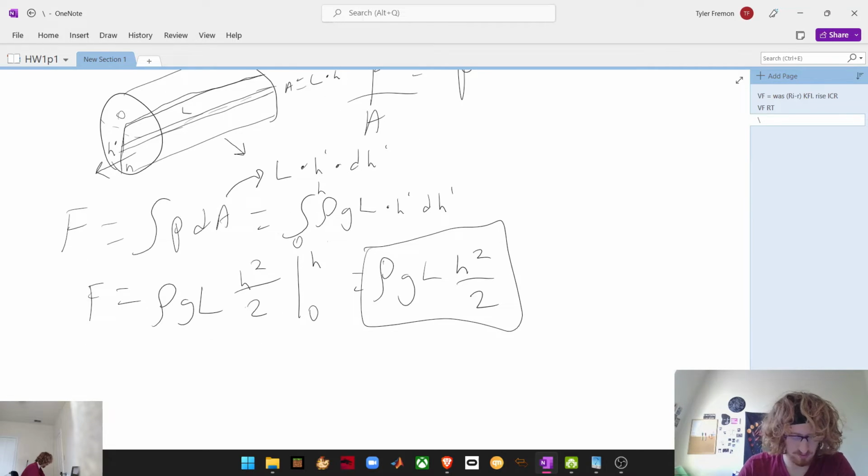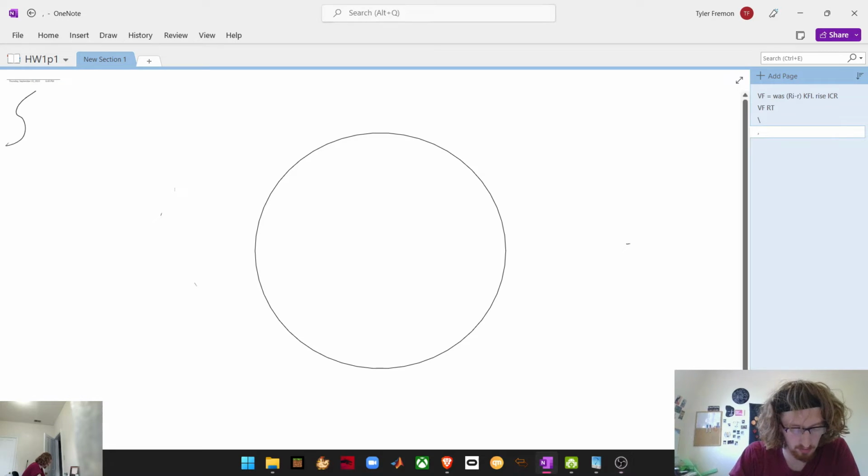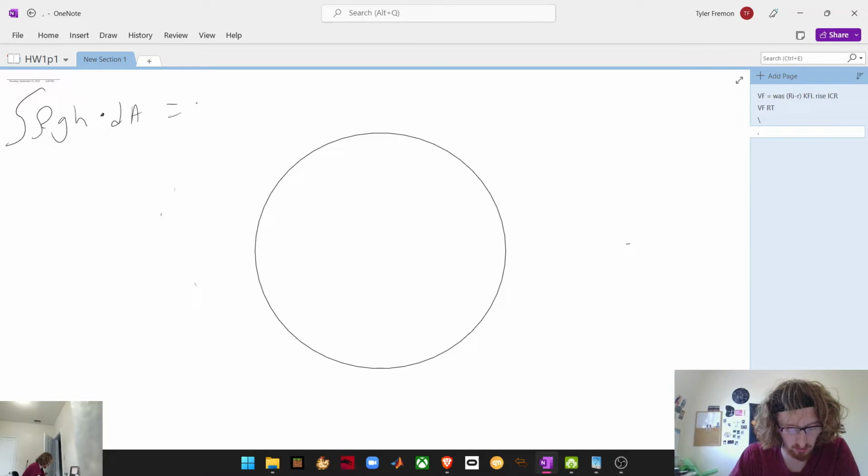But if we want to look at one of the end caps, it's going to be a little more complicated. Now we're looking at one of the circular end caps. We're going to use a similar integral, rho g H times dA, and that's going to be our total force.